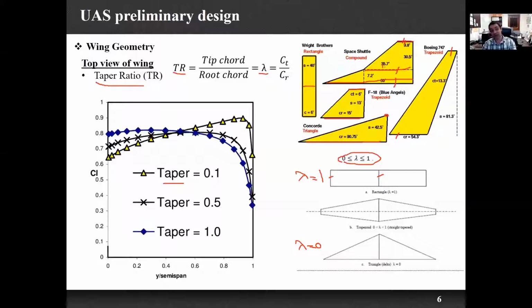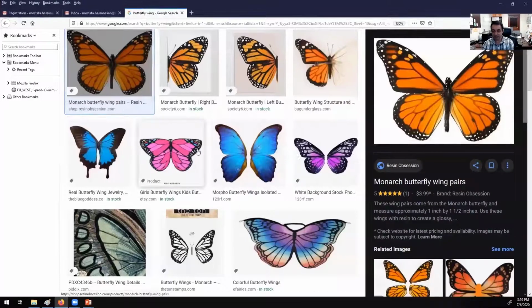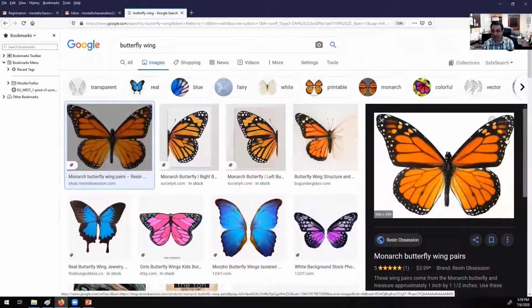These are the butterflies. If you look at the butterfly wing shape, which I want to show you now on Google, these are the butterfly wing shapes, and we'll see that the length of their wingtip or tip chord is more than the root chord. So in this case, the lambda is more than 1.